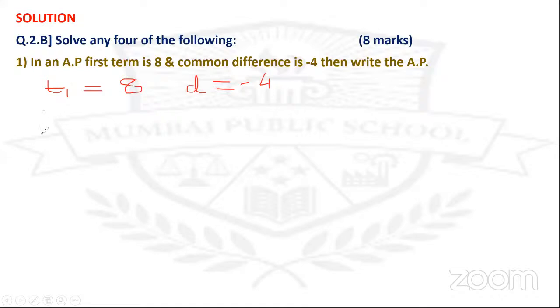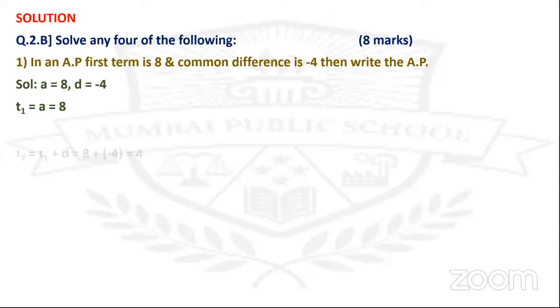So T2 is A plus D. If you're getting confused with A, you can write that as T1. You can write T1 plus D. So you just substitute. T1 equals A, that is 8. T2 equals T1 plus D, that is 8 plus minus 4.